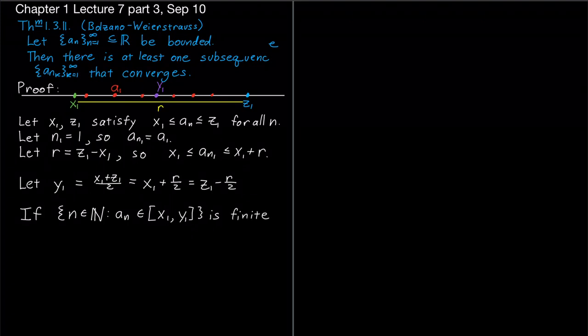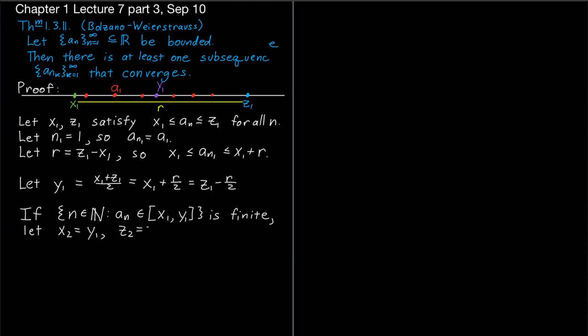So if there are only finitely many of our points to the left of y1, we're going to let x2 be y1 and z2 be z1.